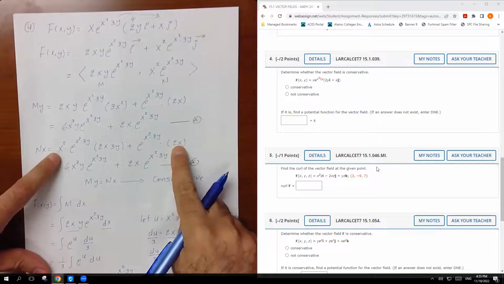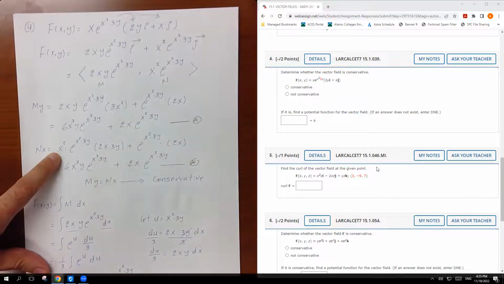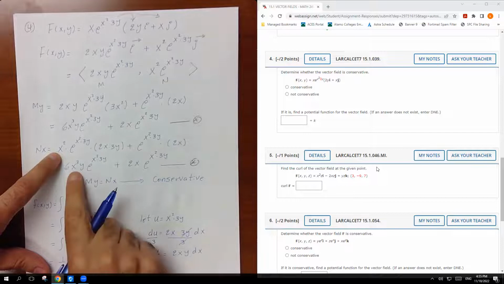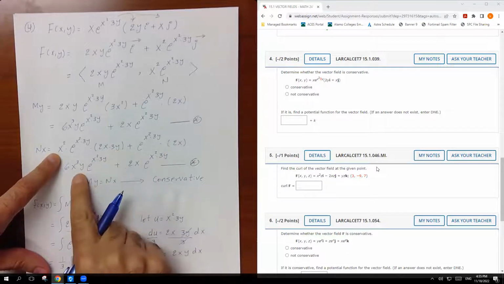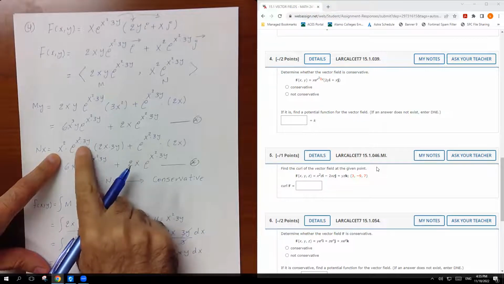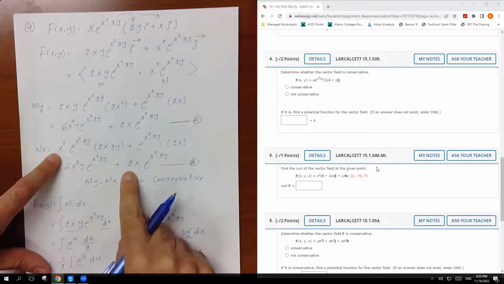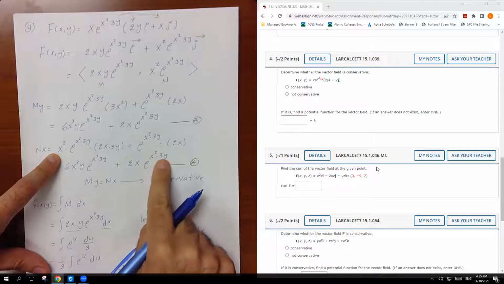Let's multiply x squared times 2x, which is 2x cubed. And 2 times 3 is going to be 6. And here's the y, e to the x squared 3y, plus here's 2x e to the x squared 3y.